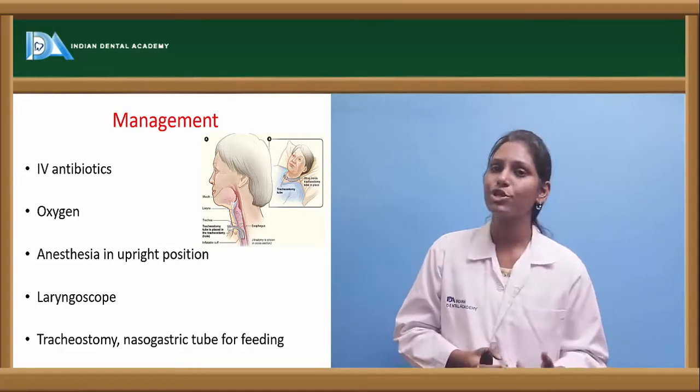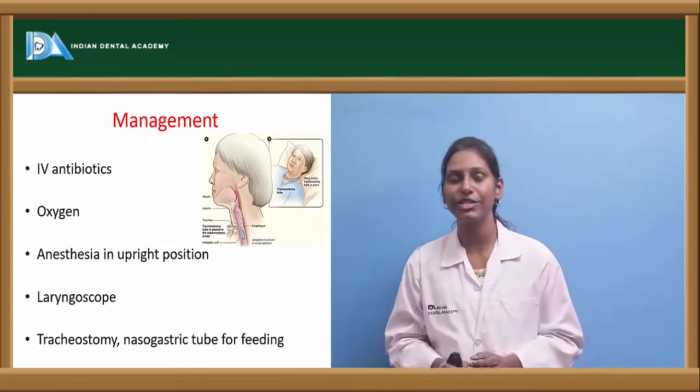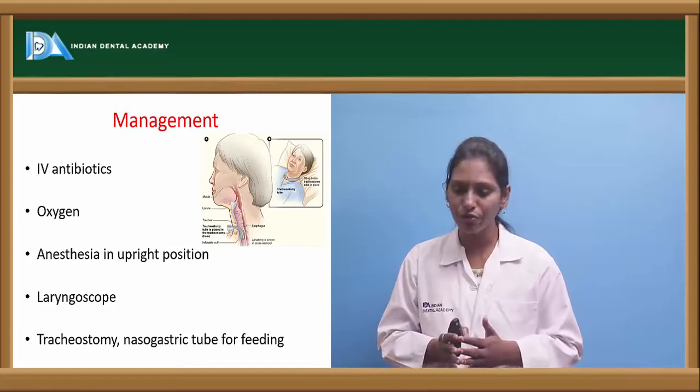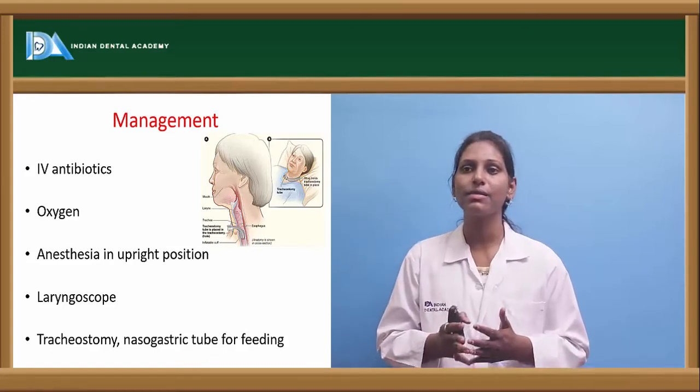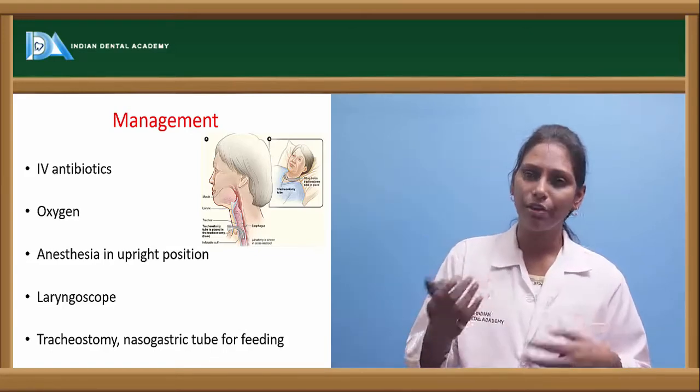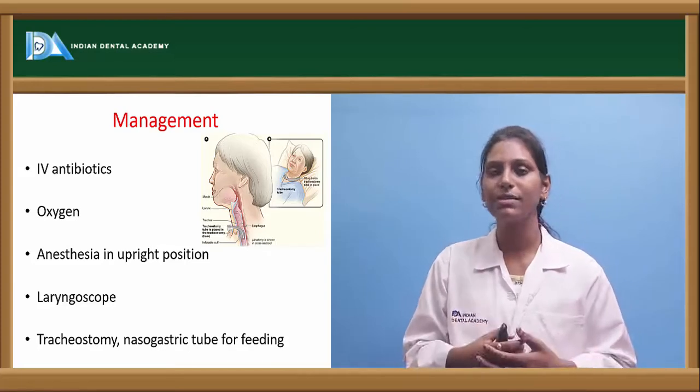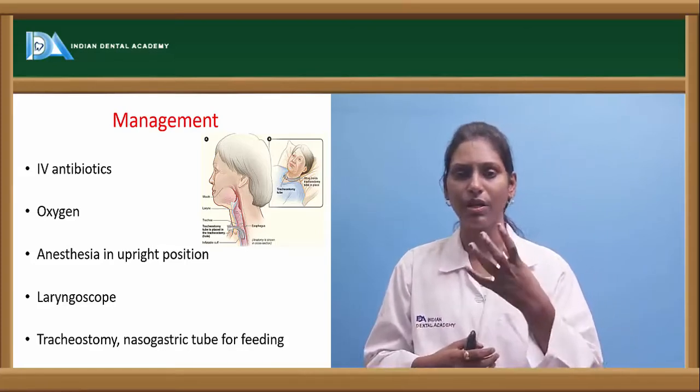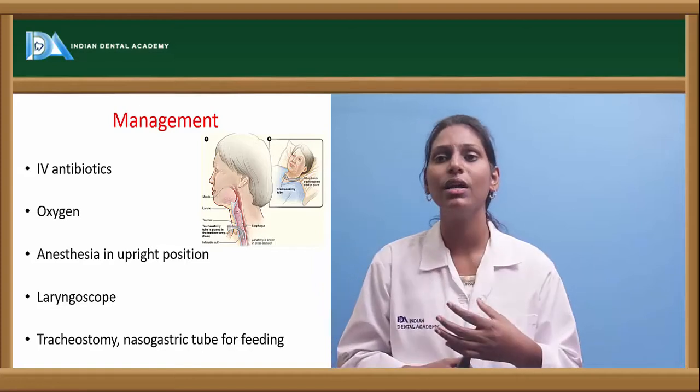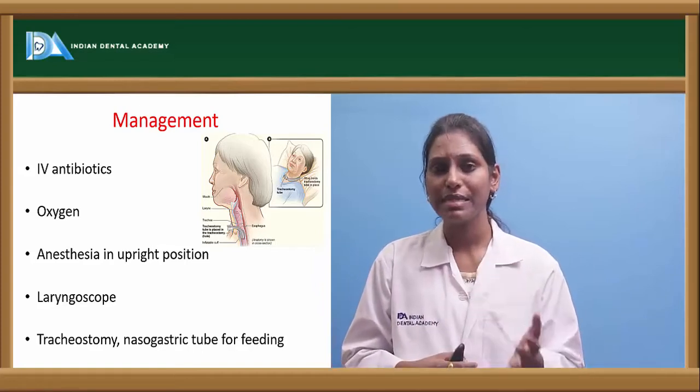Now coming to the management, the first line of therapy for infections is IV antibiotics. We go for IV antibiotics in some cases, and otherwise we can normally give oral antibiotics. Oxygen has to be given to these patients, especially when we see respiratory stridor.